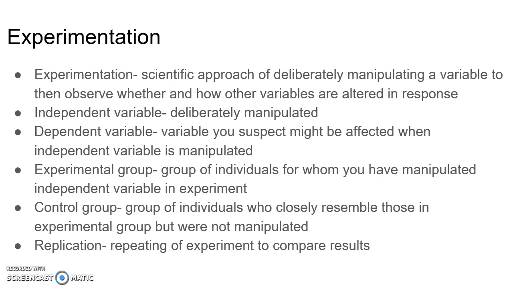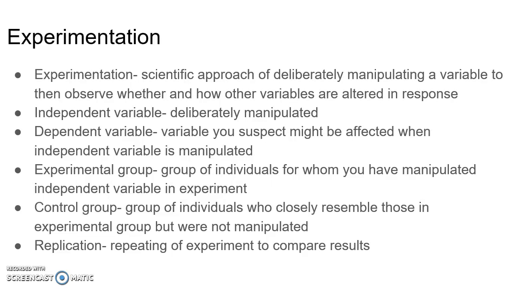And of course, in psychology, this primarily means studying behaviors, the variables being the behaviors, or persons. The independent variable is the variable that is deliberately manipulated. So some circumstance in the experiment is deliberately manipulated so as to view the result.